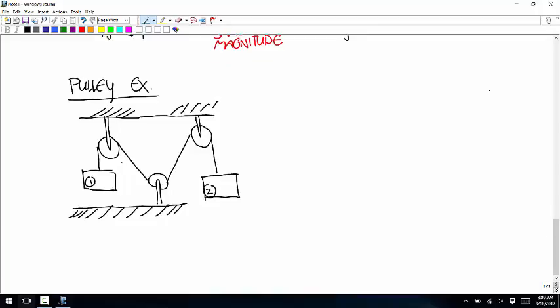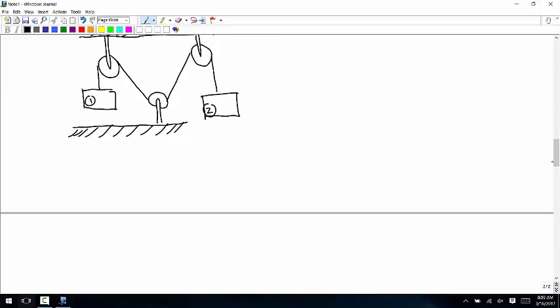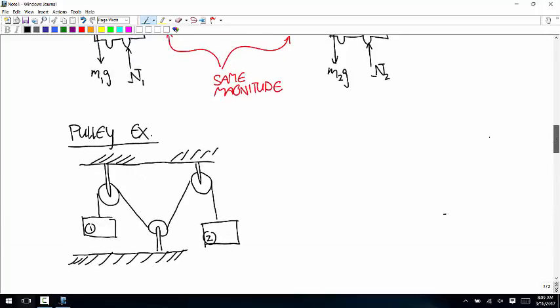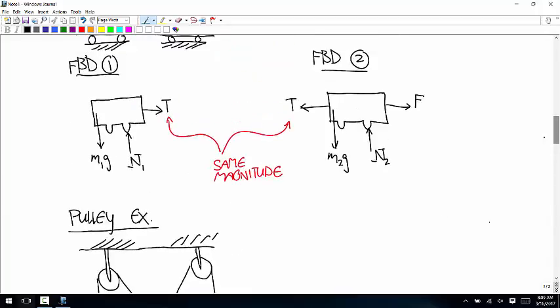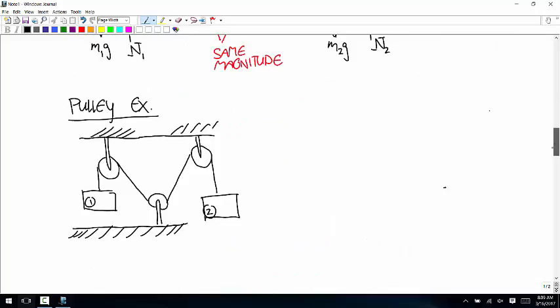Between the ends of this cable, it's not touching anything except pulleys. And so that means that the rules for cable forces that hold if the cable doesn't touch anything between the two ends still holds.